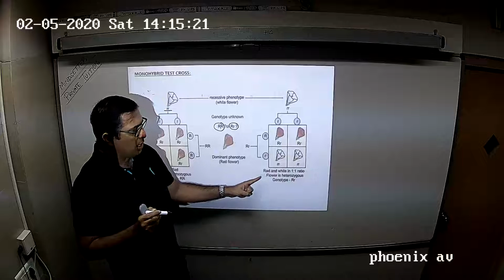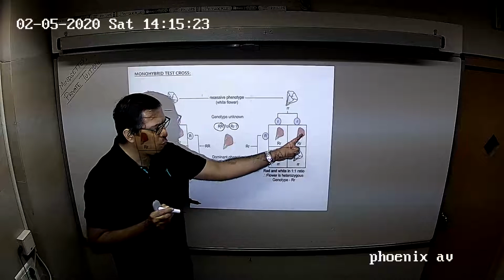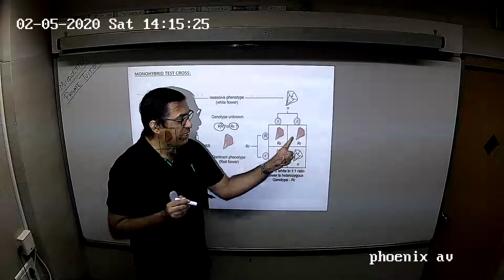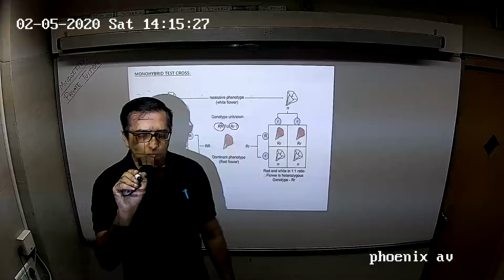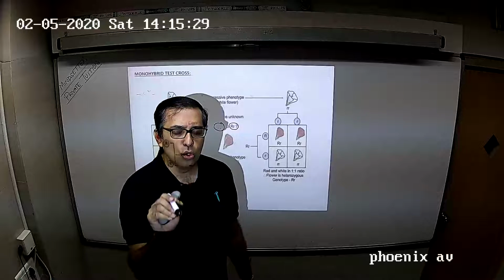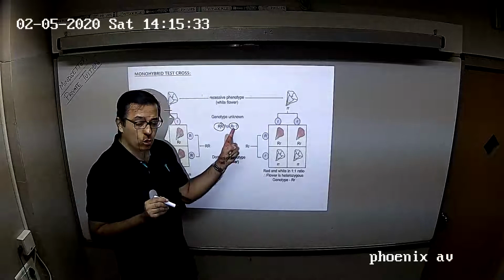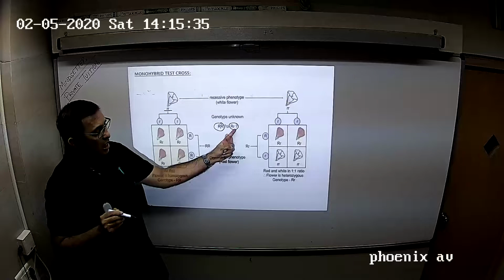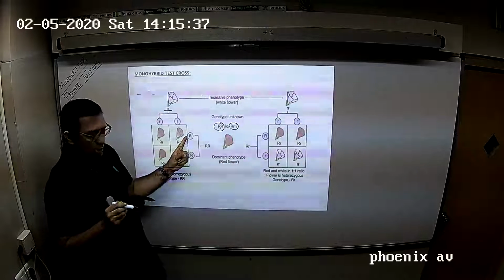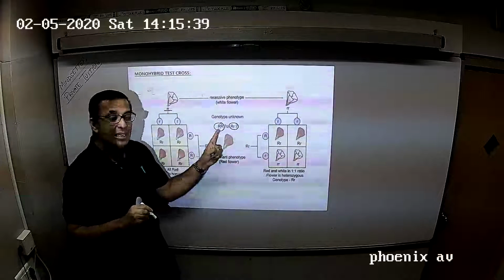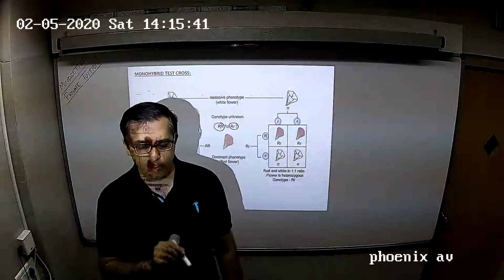So you get a red and white ratio of 2:2, in other words, 1:1. So suppose you get a ratio of 2:2 or 1:1, then that means it is a heterozygous plant. If it is all red, or all dominant character, then that is a homozygous plant.